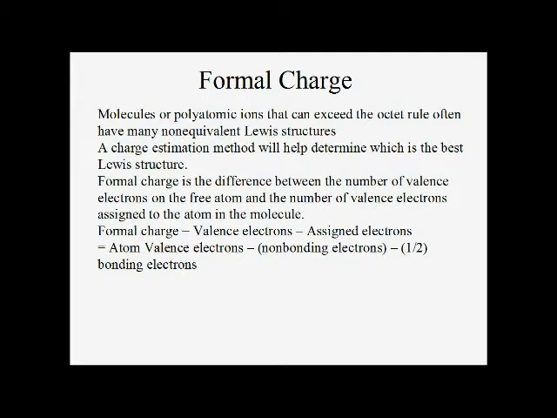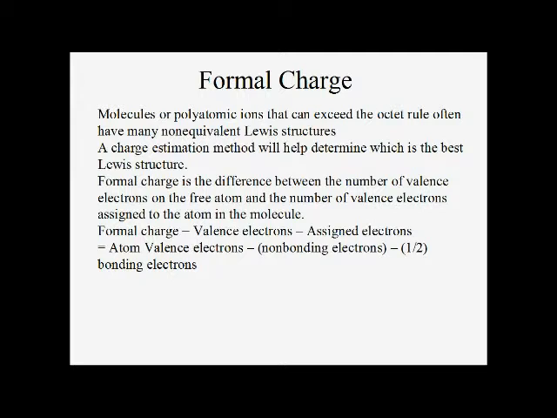The way that we assign electrons in molecules is that the atom gets all of the non-bonding electrons that it has, all the lone pairs that it has, but the bonding electrons are shared between atoms, so it only gets half of those bonding electrons. So formal charge is going to be the number of valence electrons on the original atom minus all of the non-bonding electrons and minus half of the bonding electrons.